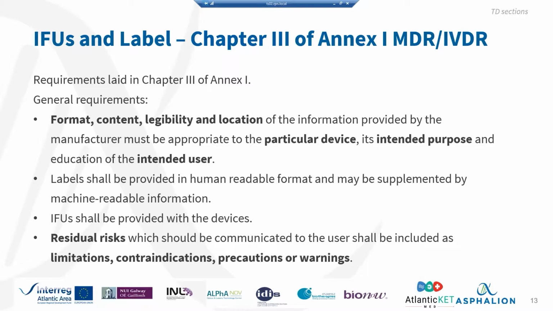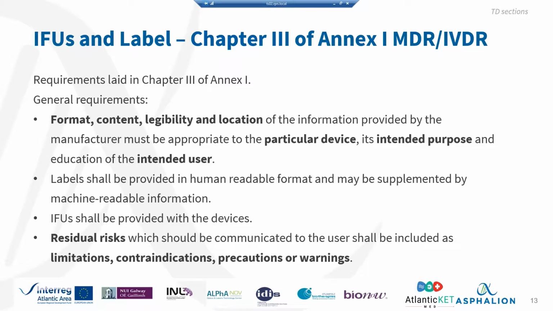Okay. So other general requirements are that labels shall be provided in human readable format and might be supplemented by machine readable information, which means it's not acceptable to place only a barcode or a QR code. You have to provide it in a way that a human can read it without the assistance of a machine. Okay.